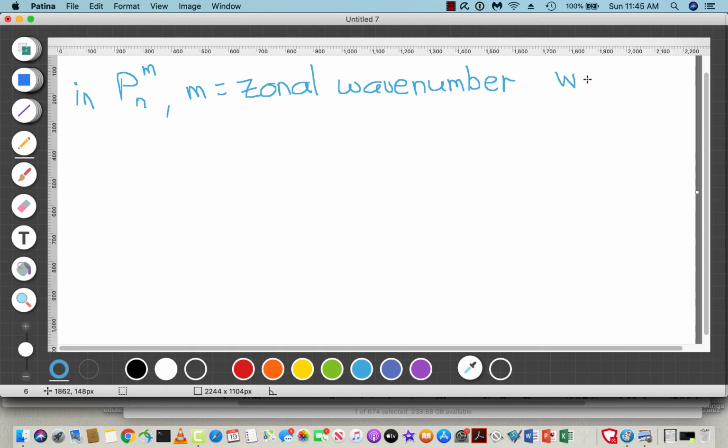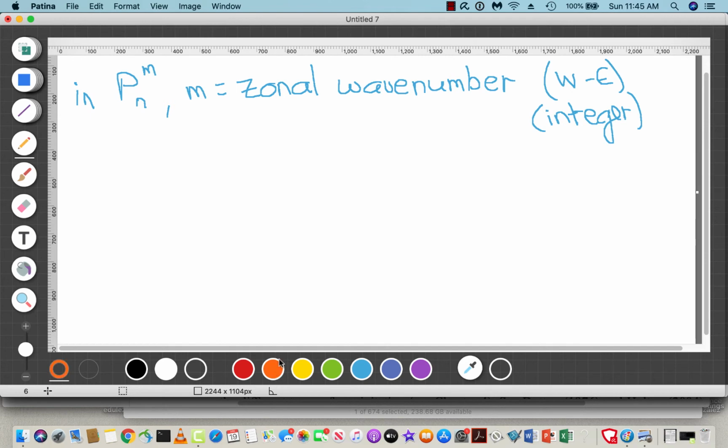That's the wave number in the west to east sense, and it's an integer. So your east-west domain could be filled up with 1 wave, 2 waves, 3 waves, 4 waves, 5 waves, 6 waves, all the way up to capital M waves.